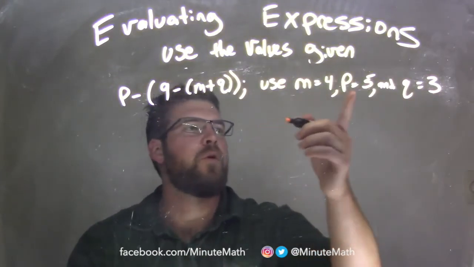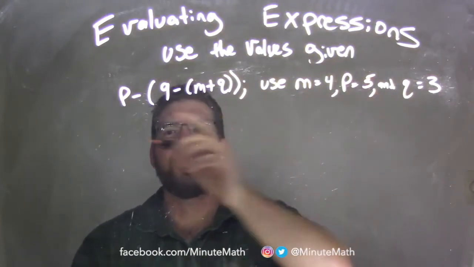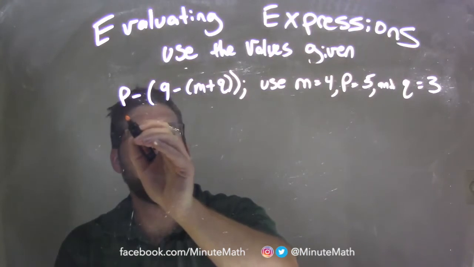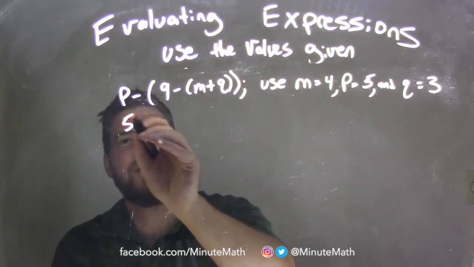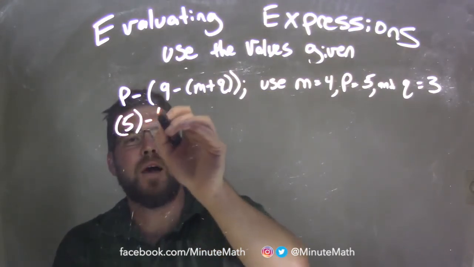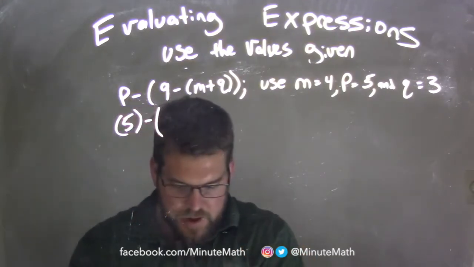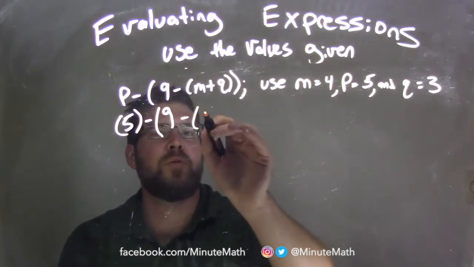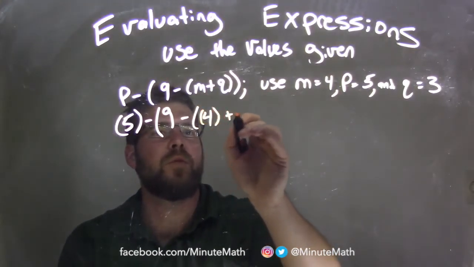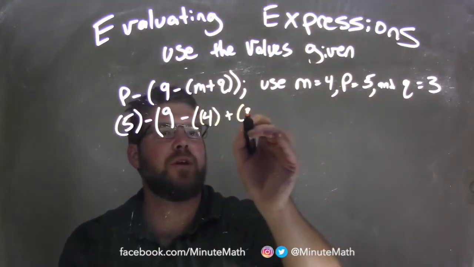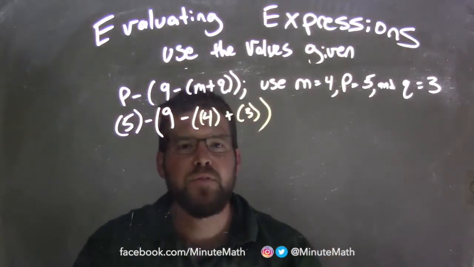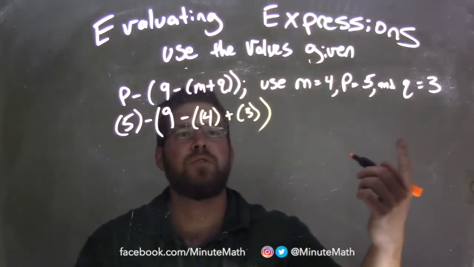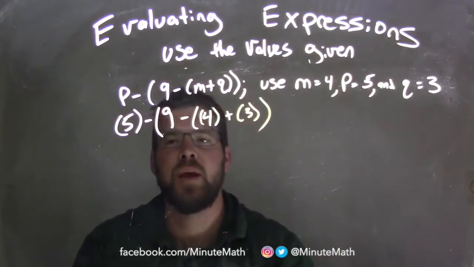So m is 4, p is 5, and q is 3. So the first letter I see here is a p, which is a 5. So 5 right here for p. Subtracting 9 here, right? Yeah, that was 9. Minus m, which we know to be 4, plus q, which is 3. And now we've substituted every single one of these variables to the corresponding one here and put the numbers in.